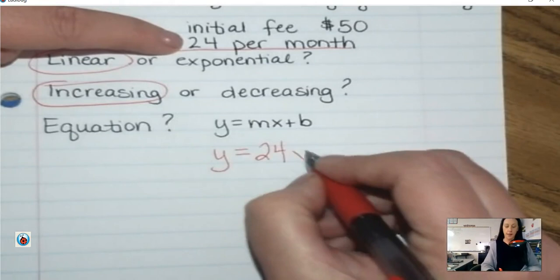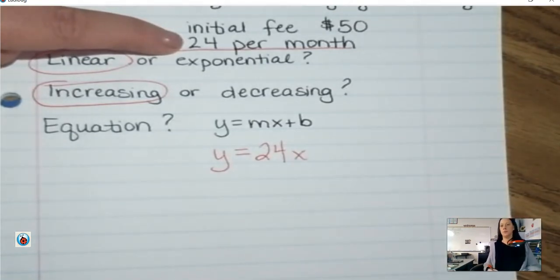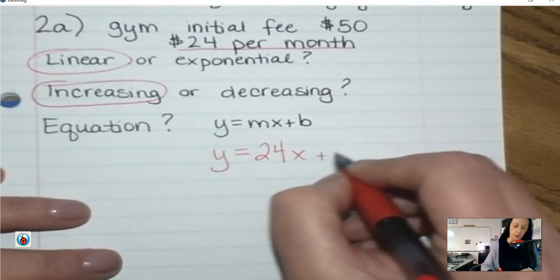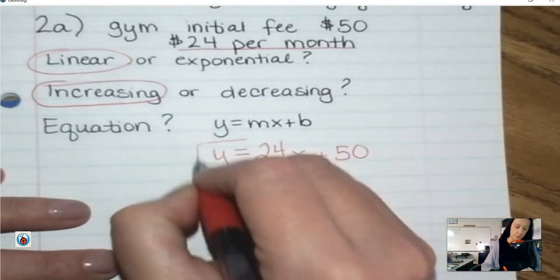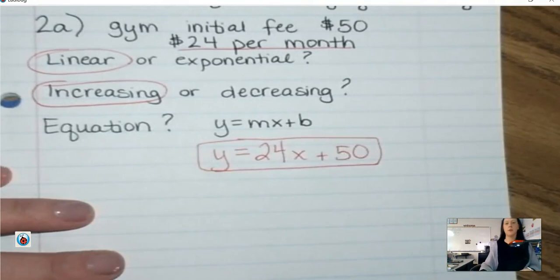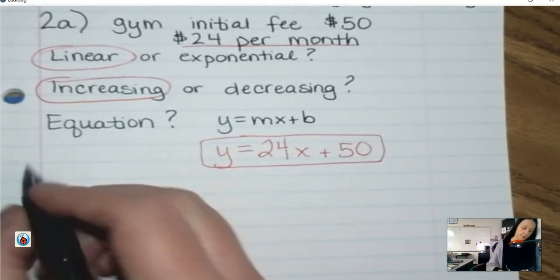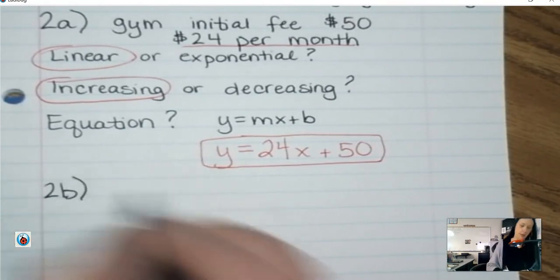Then we always put an x. And then what was the initial starting fee? That was the $50, so plus $50. And that's it.